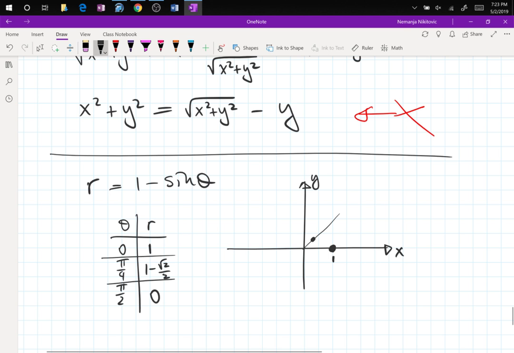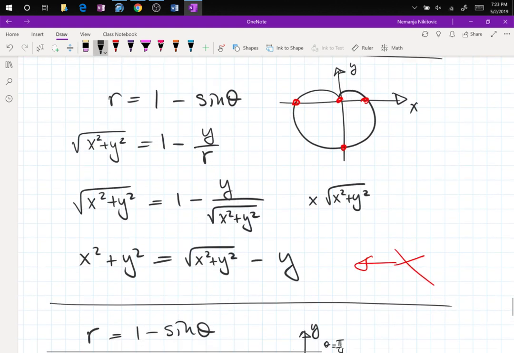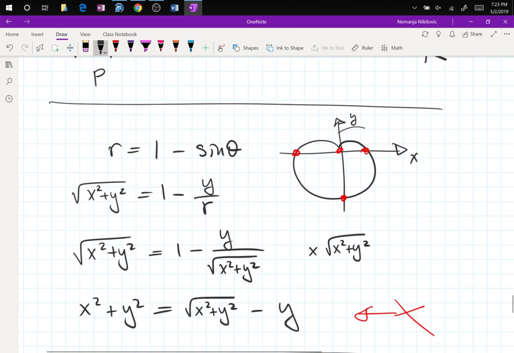The next one is pi over 2, radius is 0, so that's the origin. This is your theta equals 0, this point is theta equals pi over 4, and this point is theta equals pi over 2. You connect them, and you see this portion of the graph completed.